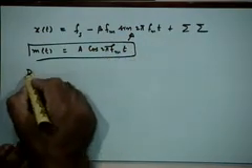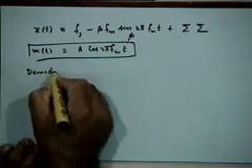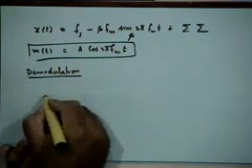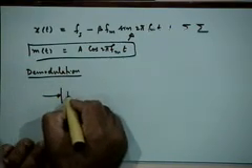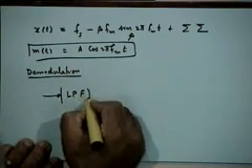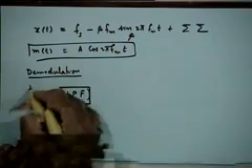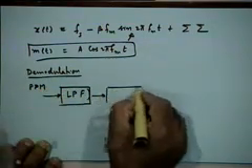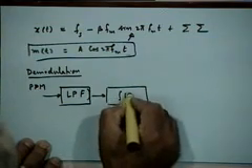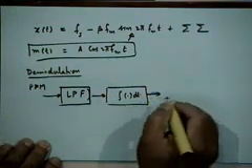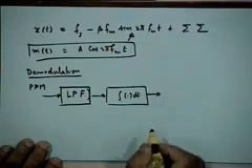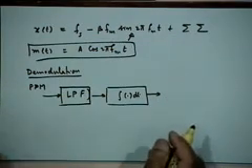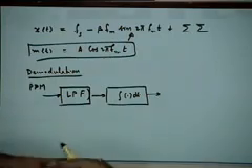So demodulation of a PPM signal is really fairly straightforward. Pass it through a low pass filter, then integrate. That is your PPM demodulator. There is another way of doing it.